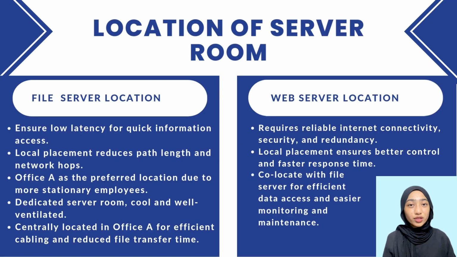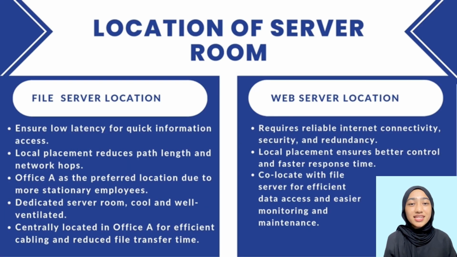Now let's move on to the locations of the server room. It is essential to choose the right location for the server room to ensure accessibility and performance. For the file server, placing it locally in Office A makes sense as it has more stationary employees who frequently access the files. The server room should be cool, well ventilated, and ideally situated in the middle of the office for easy cable management.